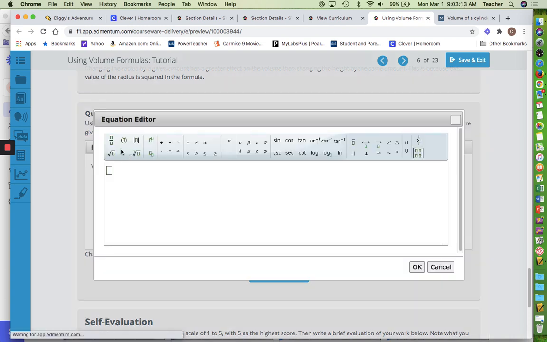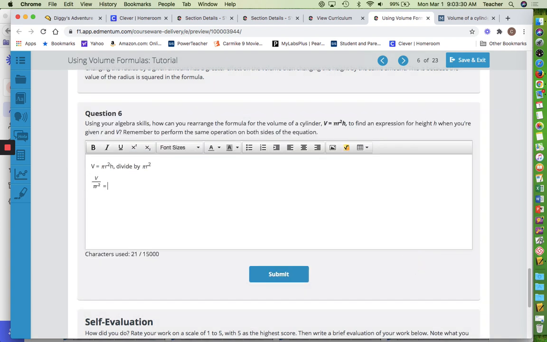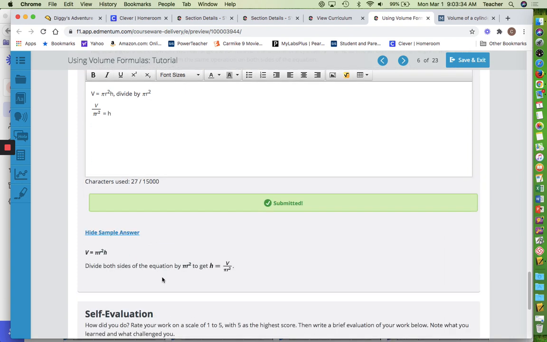I'm going to use my equation editor. So volume over pi r squared, and that's going to equal h. Okay. So let's see, is that all I wanted?